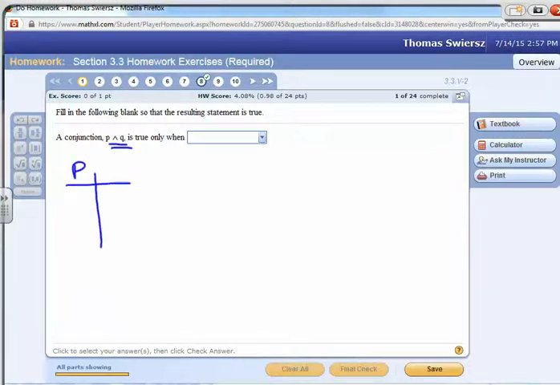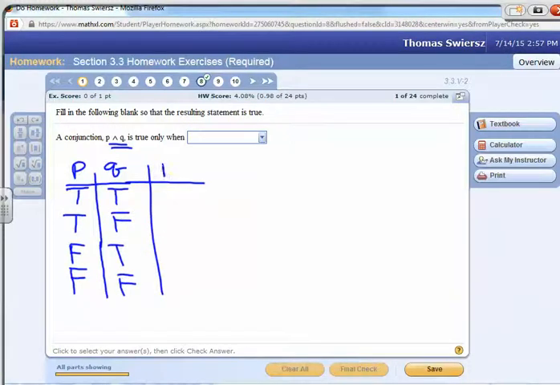Notice if you do a little truth table, P, Q, the 4 different combinations would be true, true, true, false, false, true, or false, false. And the definition of P and Q is that it's only true when both P and Q are true. If one's false, it's false.